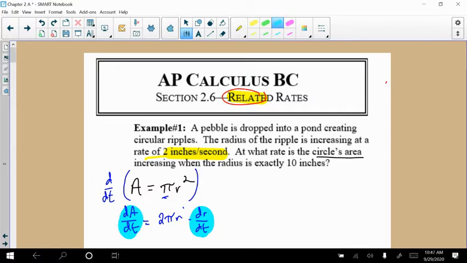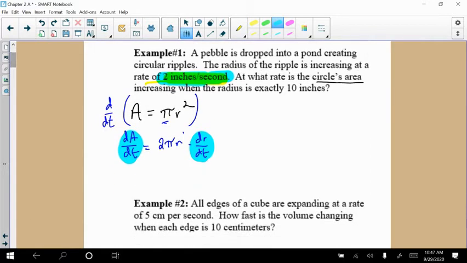It says the radius of the ripple is increasing at a rate of 2 inches per second. That rate can be substituted right here, since it's the rate of the radius. So we can put the 2 right there as a quantity. And it's asking, at what rate is the circle's area increasing when the radius is exactly 10 inches?